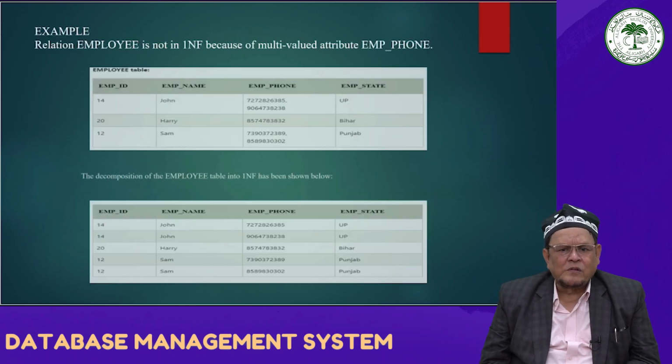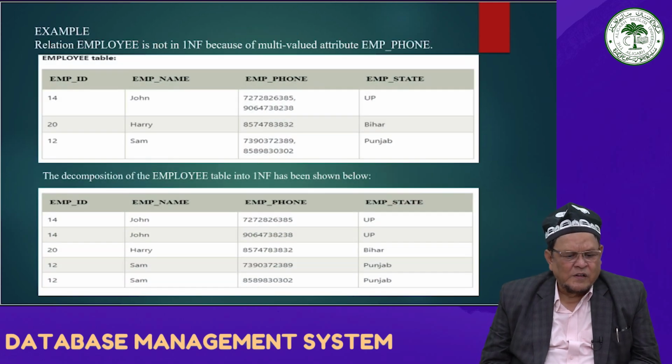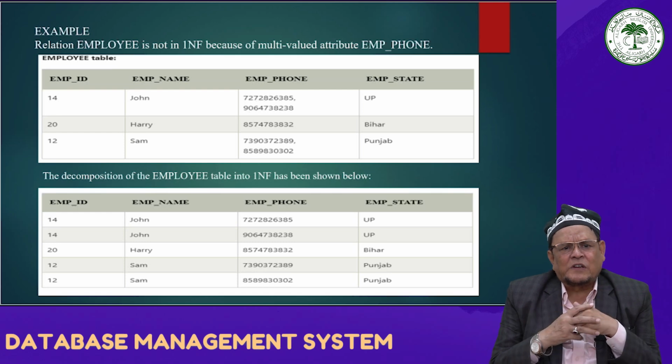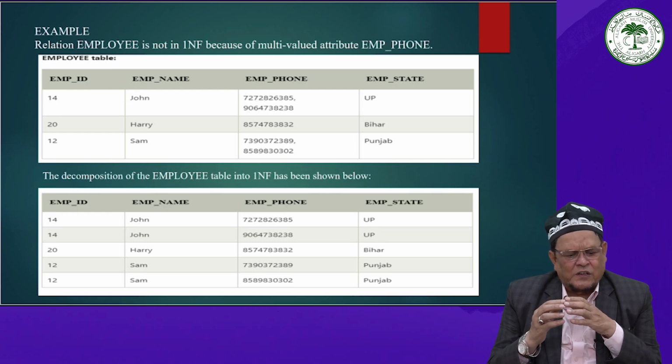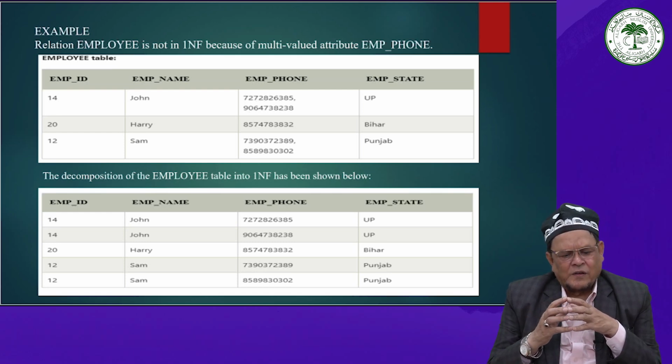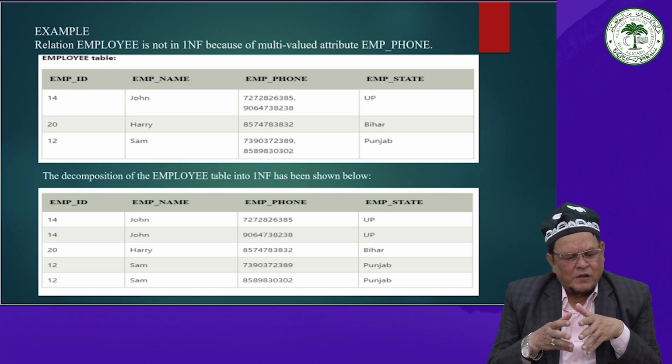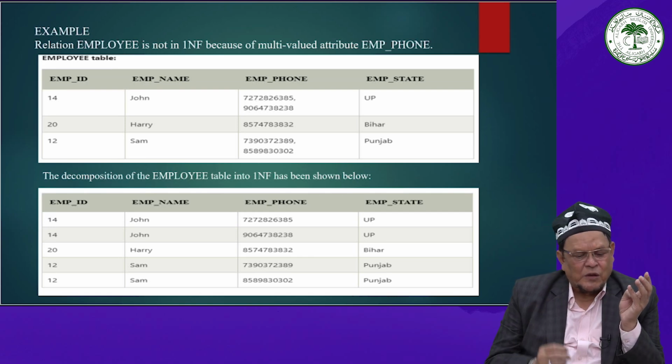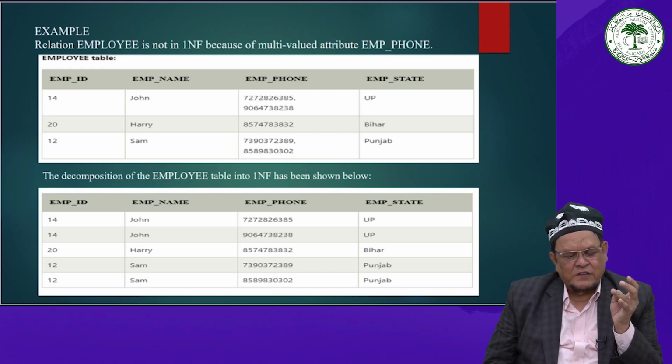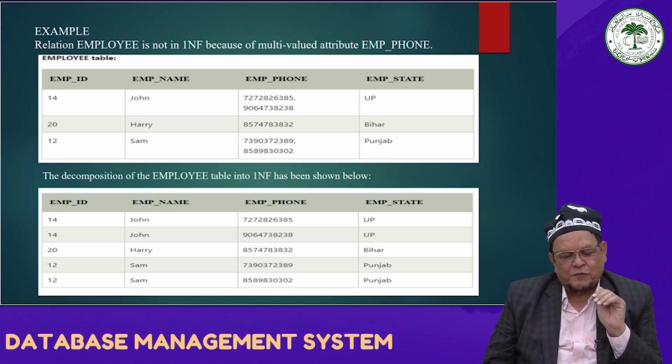For example, we take an example of a relation employee. Here, take the employee table. The attributes are employee ID, employee name, employee phone, and employee state. You have to check whether the relation employee is in first NF. It is not, because of the multi-valued phone number attribute.